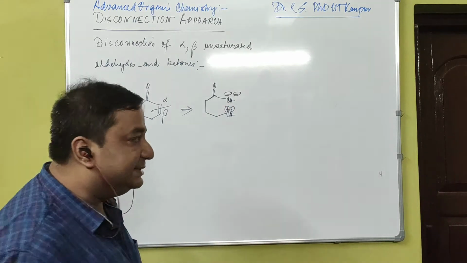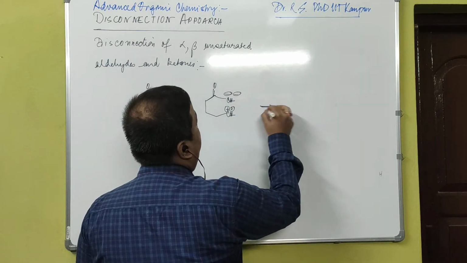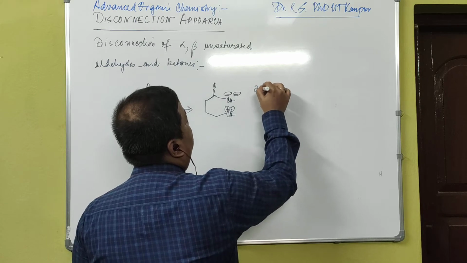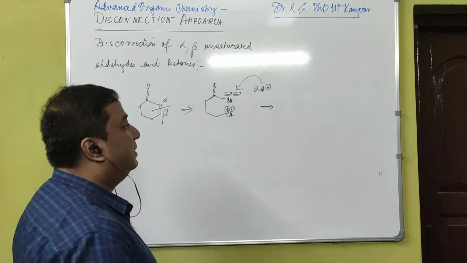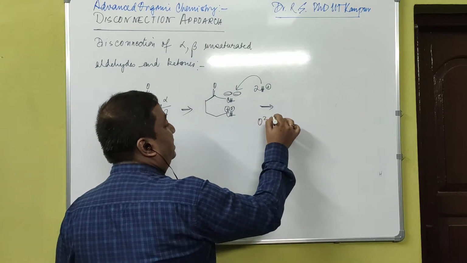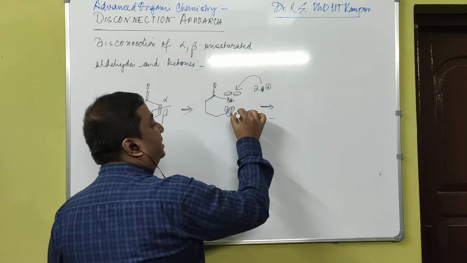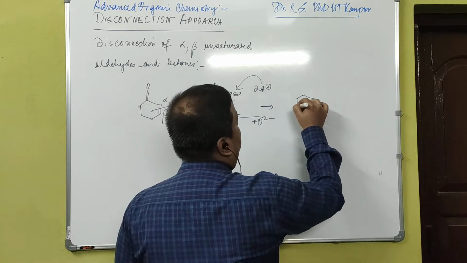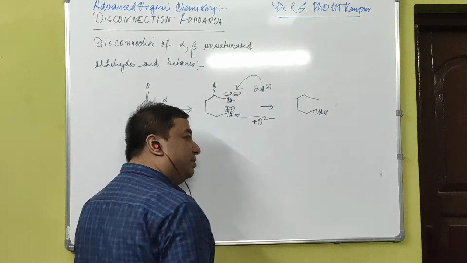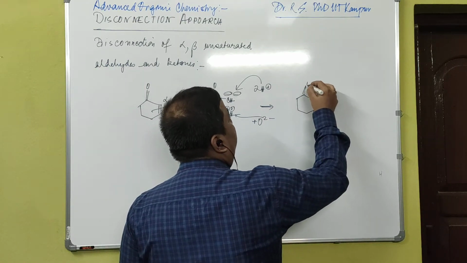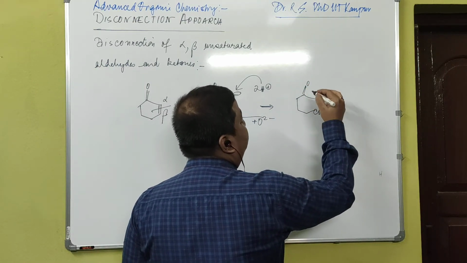Now what do you get? Add 2H plus where? Here. Where do I add the O minus? Obviously here. What do I get? Here I will get CHO. What do I get over here? That is CH3.